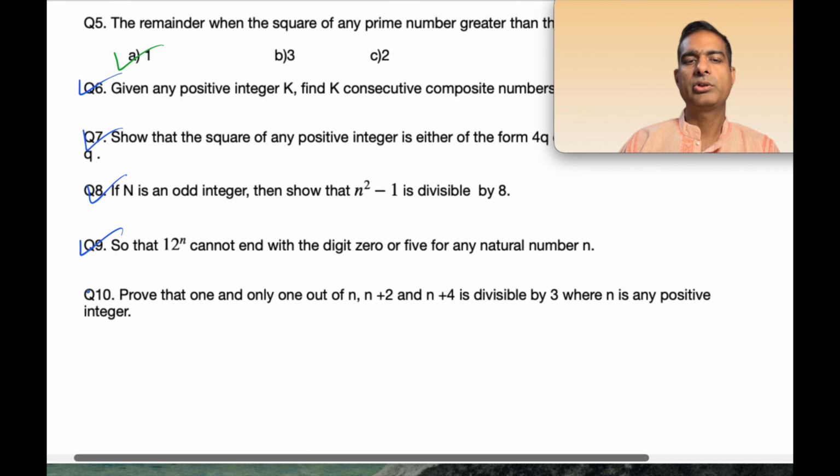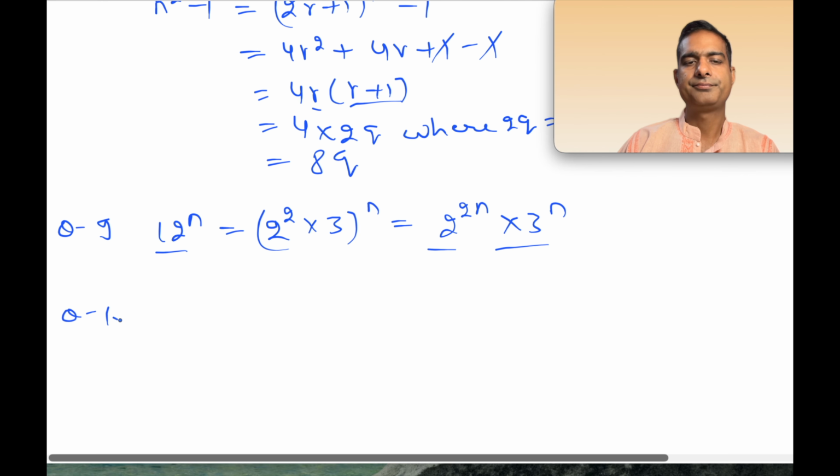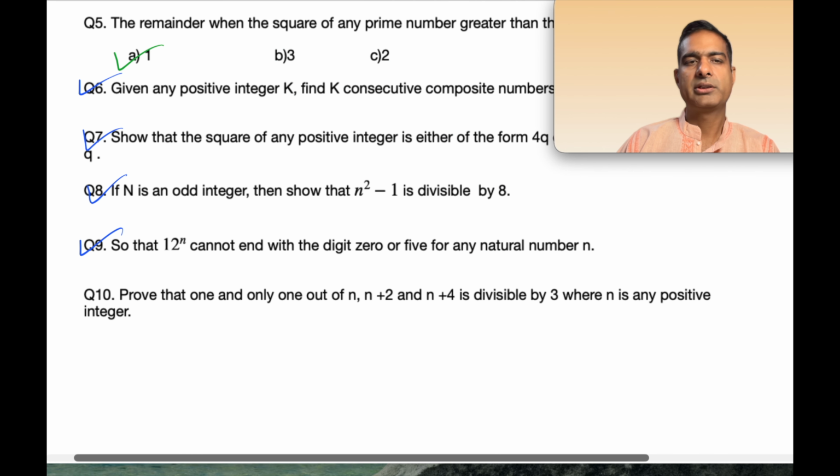Now coming to question number 10, prove that one and only one out of n, n plus 2, n plus 4 is divisible by 3, where n is any positive integer. So there are three numbers given, n, n plus 2 and n plus 4, where n is any positive integer.